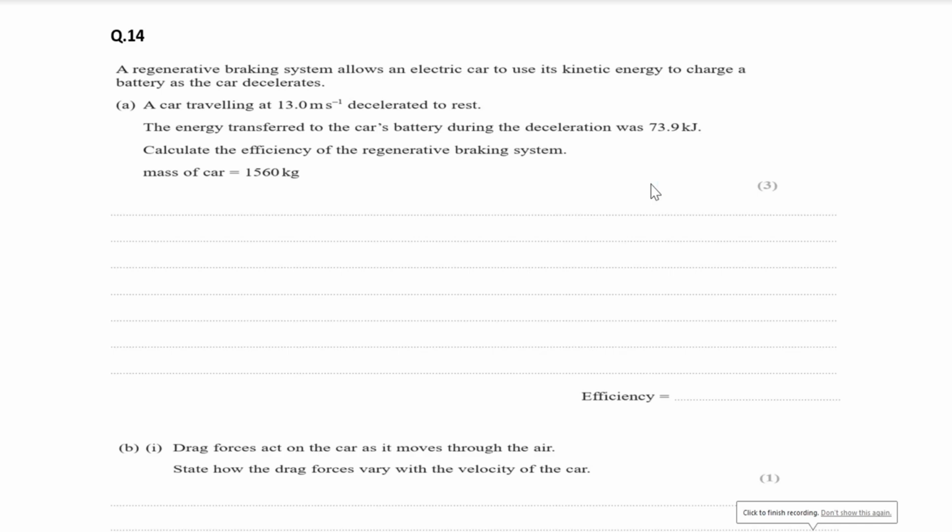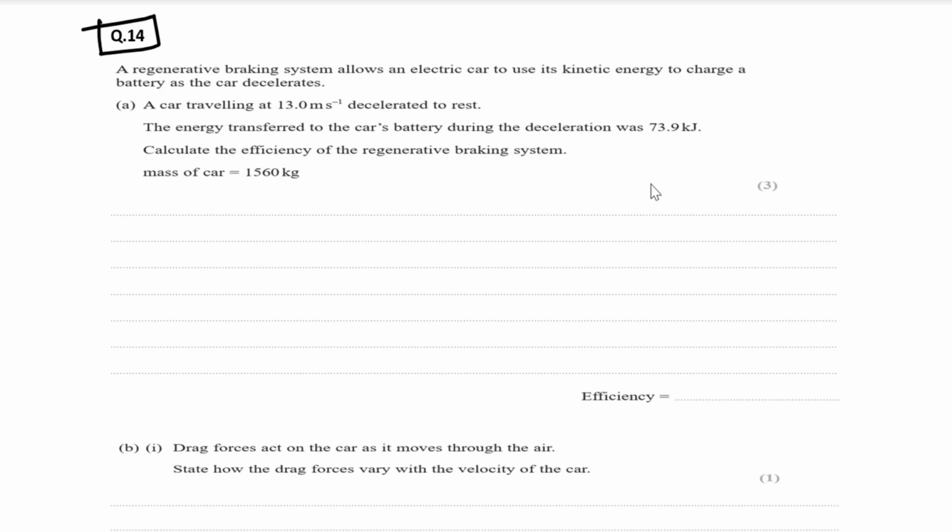Now question number 14. A regenerative braking system allows an electric car to use its kinetic energy to charge a battery as the car decelerates. A car traveling at 13 meter per second decelerates to rest.